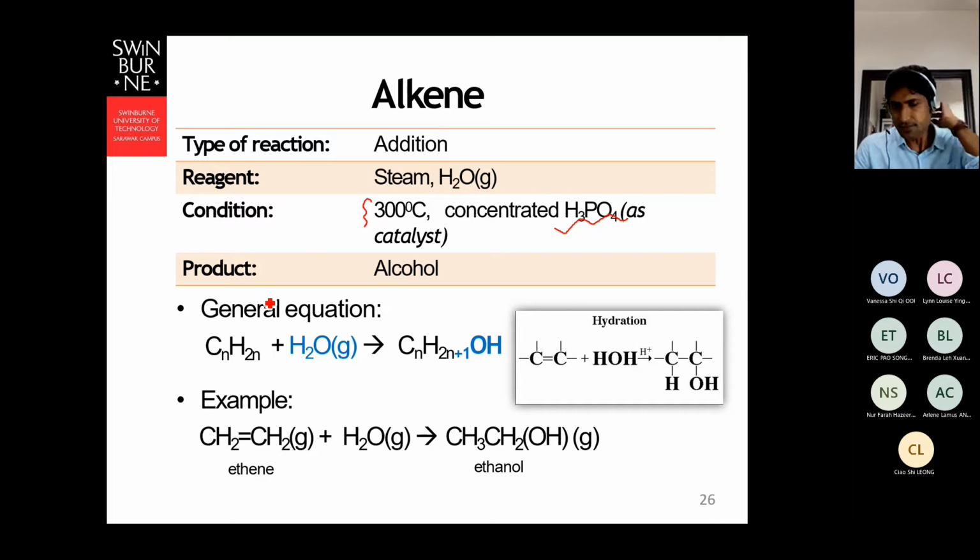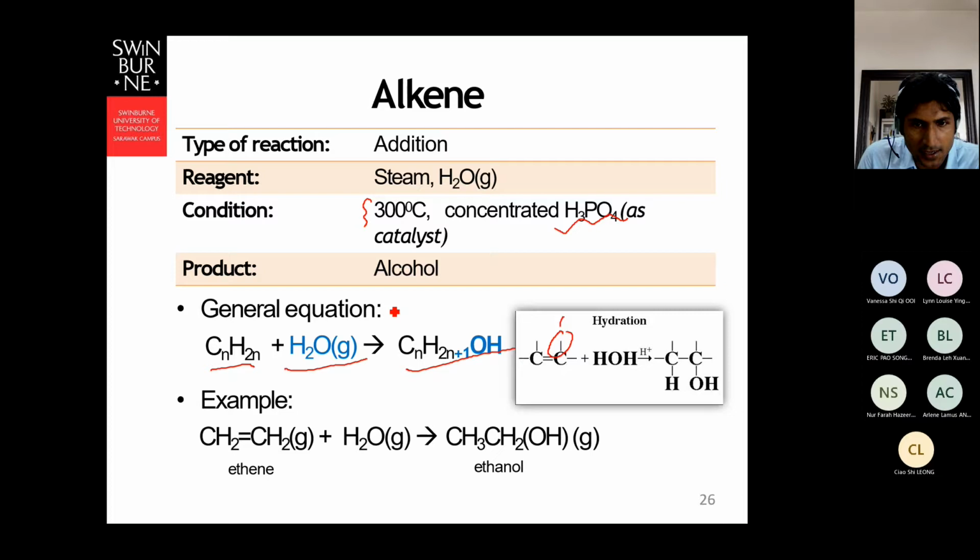alcohol. But before that, let's finish this one. So this is an alkene. Water vapor is reacting, producing alcohol, and the main backbone remains the same. Only one hydrogen is removed from one carbon, right?